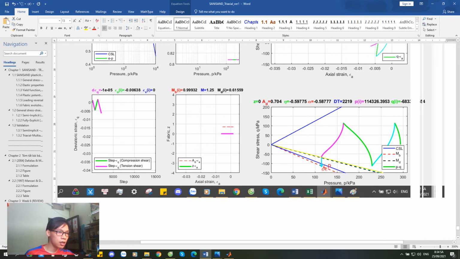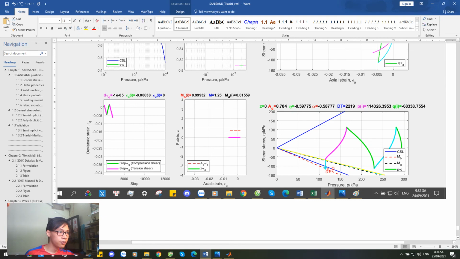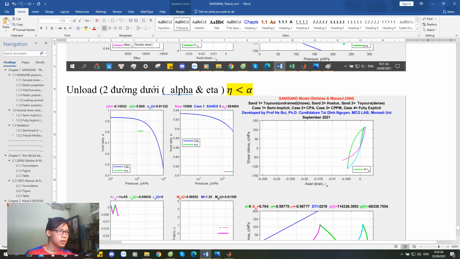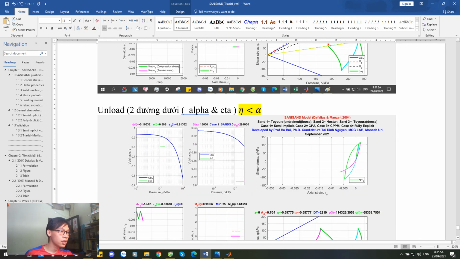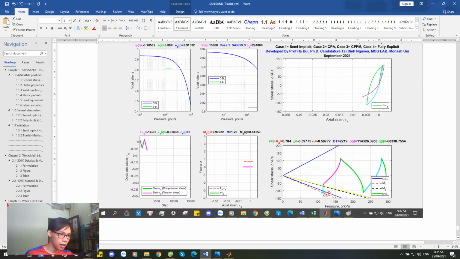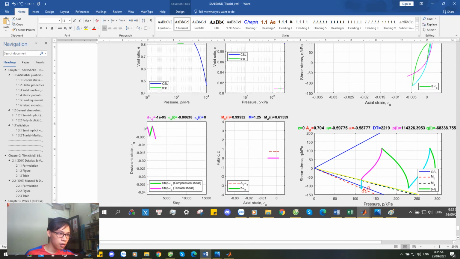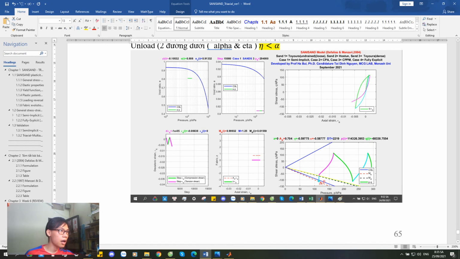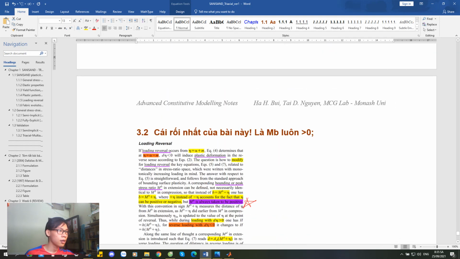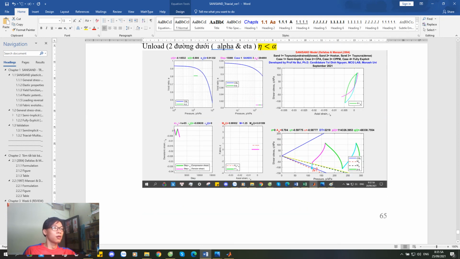And the next one is negative, and you can see eta and alpha. It's unload, and eta is smaller than alpha. Alpha is above eta. Okay, I drew the two pictures, so that should make it clear.